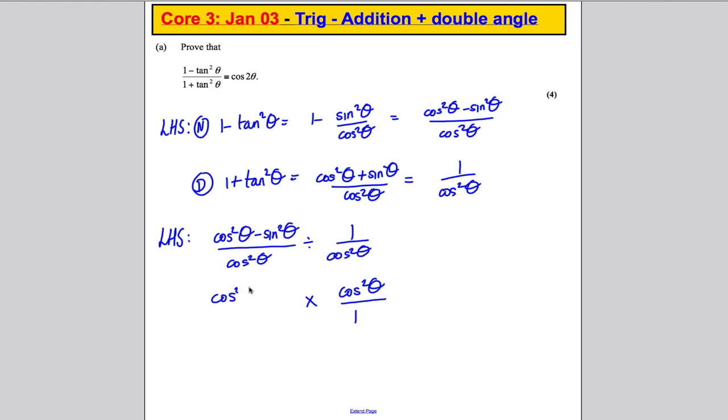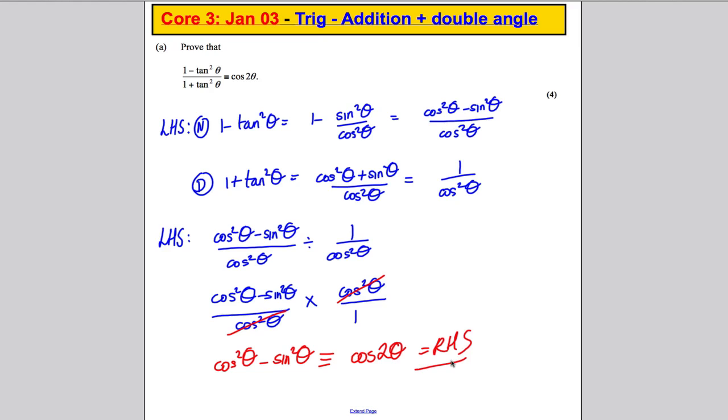So we'd have cos squared theta subtract sine squared theta over cos squared theta. The cos squared thetas would cancel, and we would get cos squared theta subtract sine squared theta, which by definition, or the double angle formulae, is cos 2 theta, which is the right hand side. And therefore we'd be done.